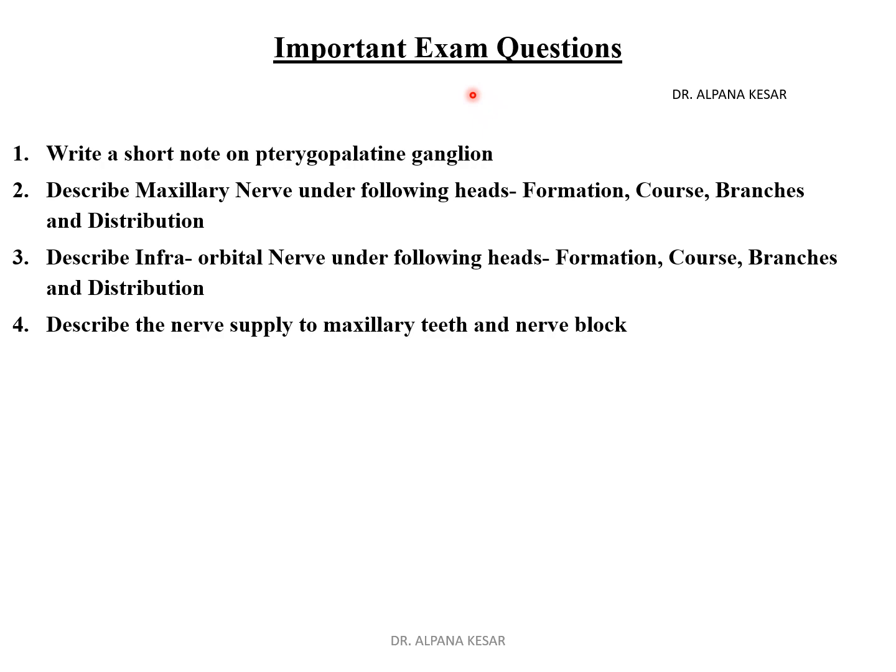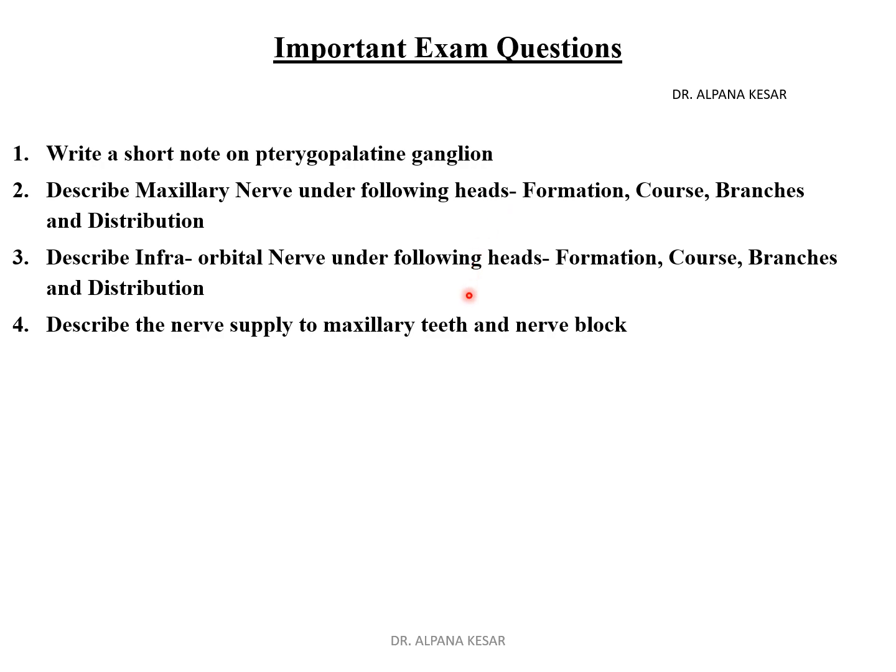Pterygopalatine fossa is an important exam topic for the dental students. The questions that may be asked in exams from the pterygopalatine fossa include a short note on pterygopalatine ganglion. Students may be asked to describe maxillary nerve under the following heads: formation, course, branches, and distribution.